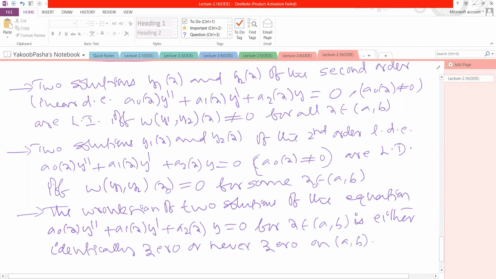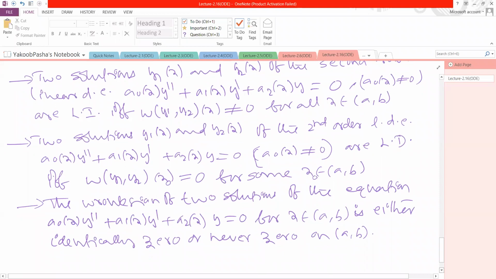Either it may be 0 or not equal to 0. There is no meaning of signs.